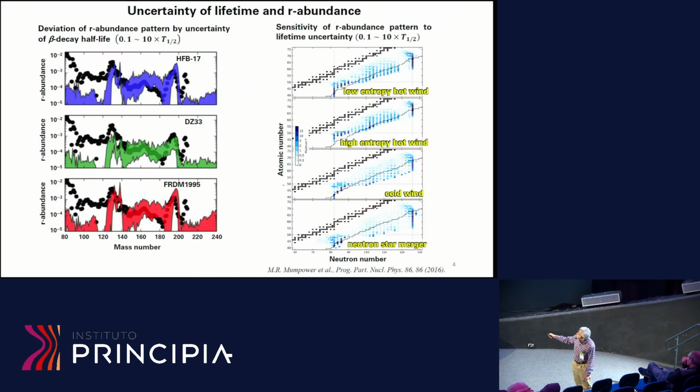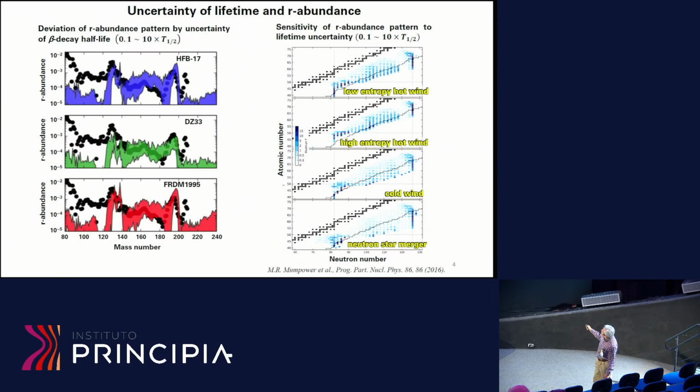These figures show the deviation of the r-process abundance pattern by changing the half-lives by one order of magnitude for different mass models. Each mass model shows a large deviation of the abundance patterns by changing the half-lives. So the half-life is one of the most important parameters to investigate r-process nucleosynthesis.